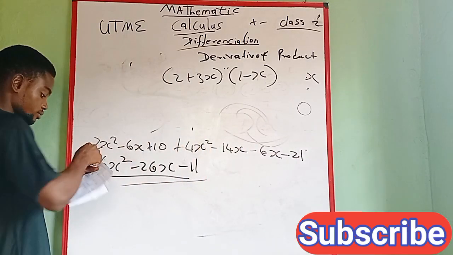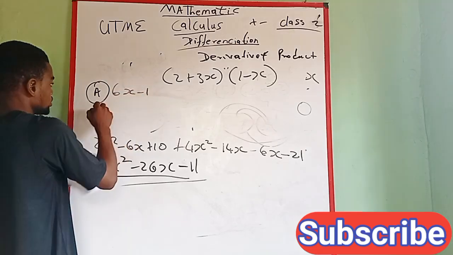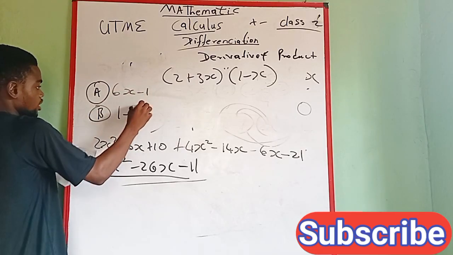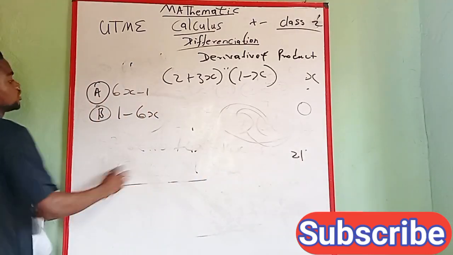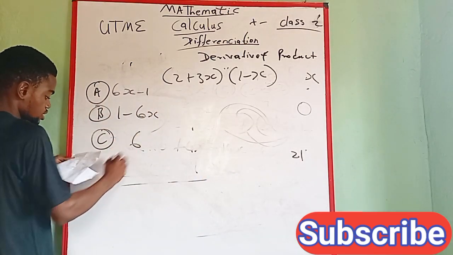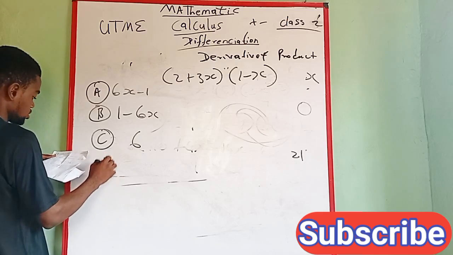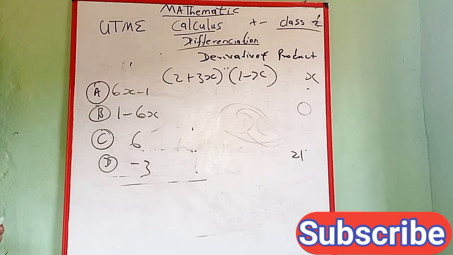The first option, A is 6s minus 1, B is 1 minus 6s, C is 6, D is minus 3. So work this out and let us know the answer.